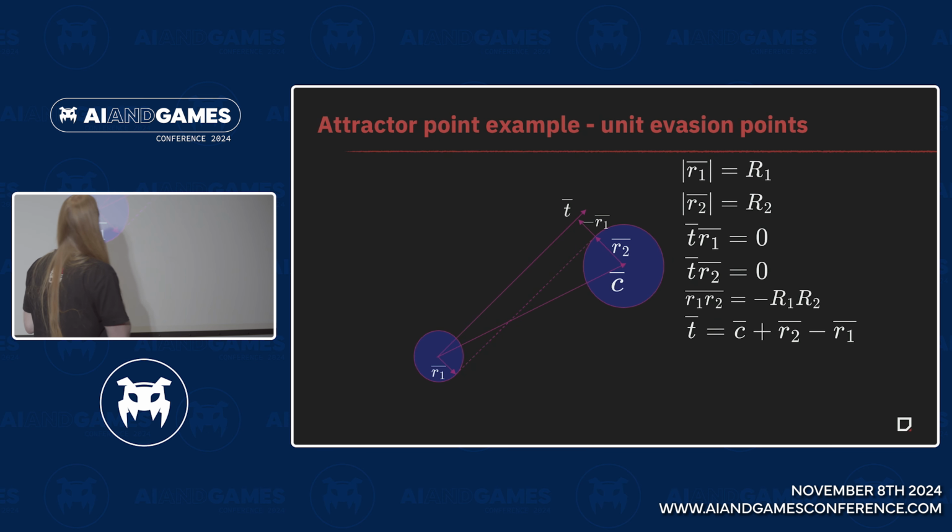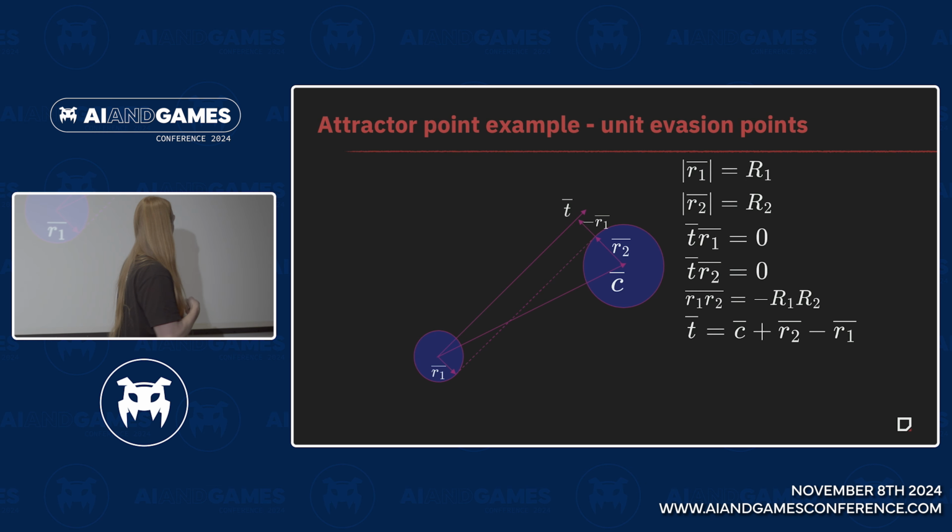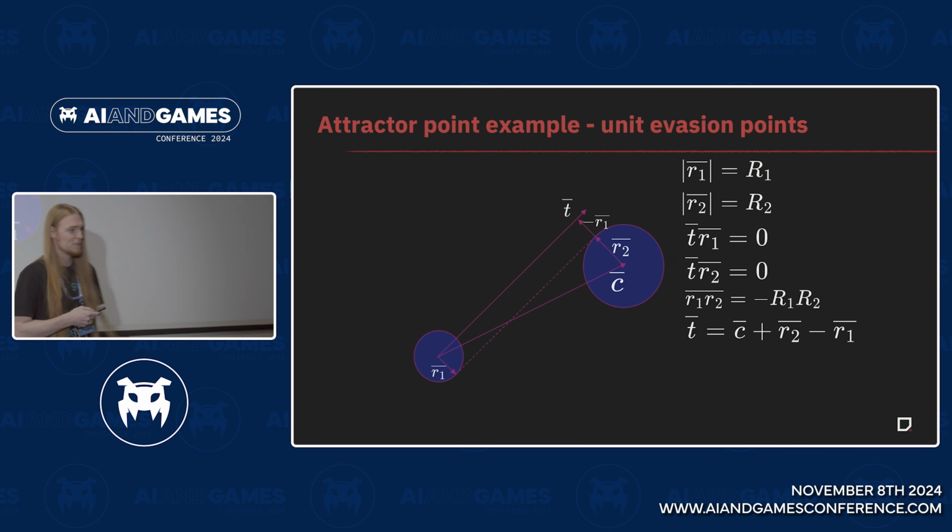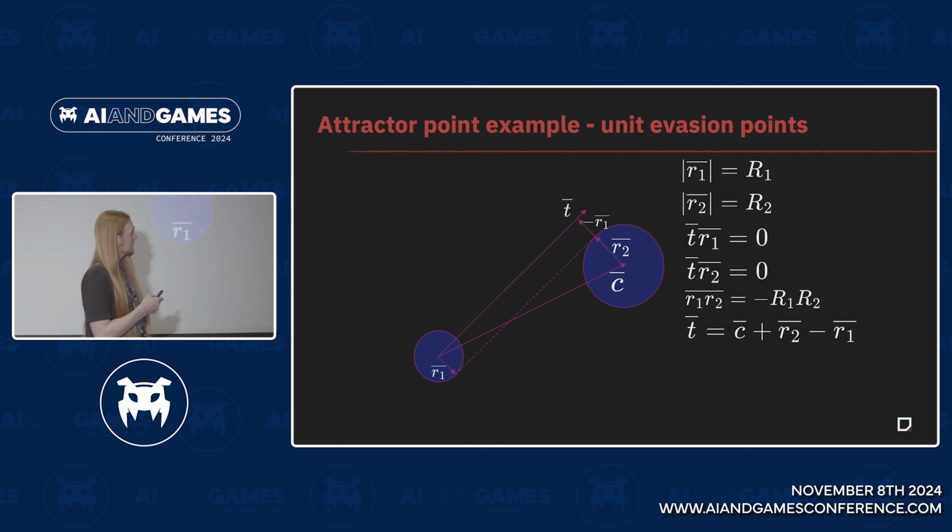So this is one simple example, we call them unit evasion points. Basically, they allow you to move in a way that your unit ends up tangent to the opponent unit. I'll show you how it looks in the game in a while. It allows you to trim the movement field of your opponent, so it limits the movement of the opponent.